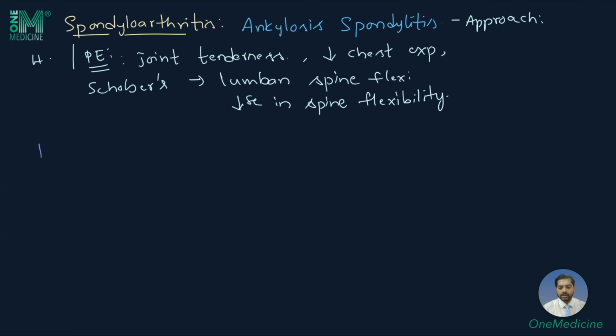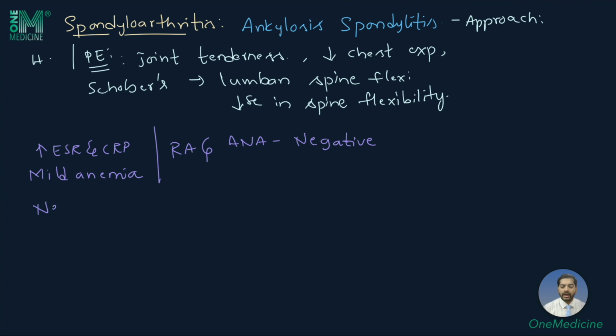In laboratory evaluation, there can be elevated ESR and CRP. There can be mild anemia. RA factor and ANA will be classically negative in these patients. In patients who have negative radiological findings, HLA-B27 testing can be done, and if it is positive, it helps in the diagnosis of ankylosing spondylitis.